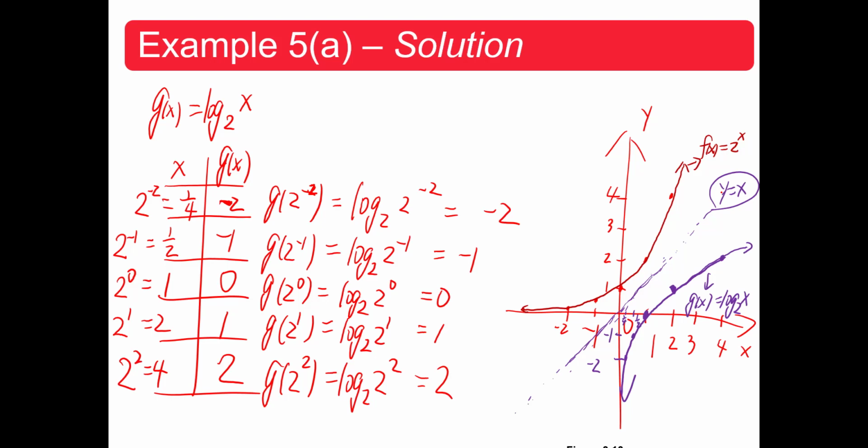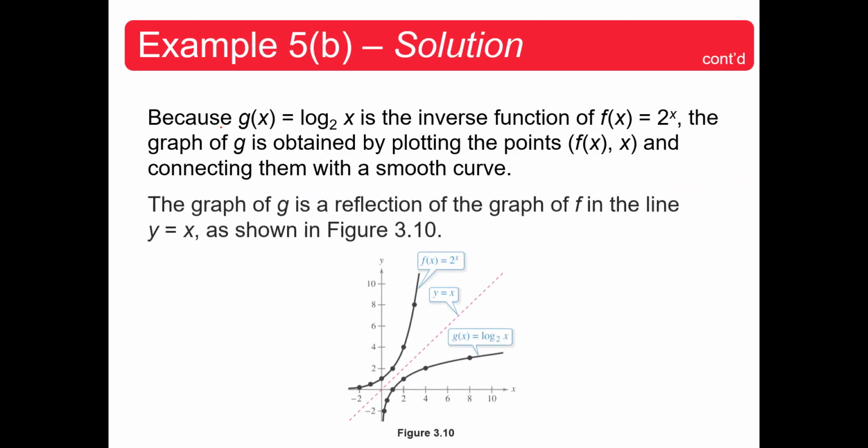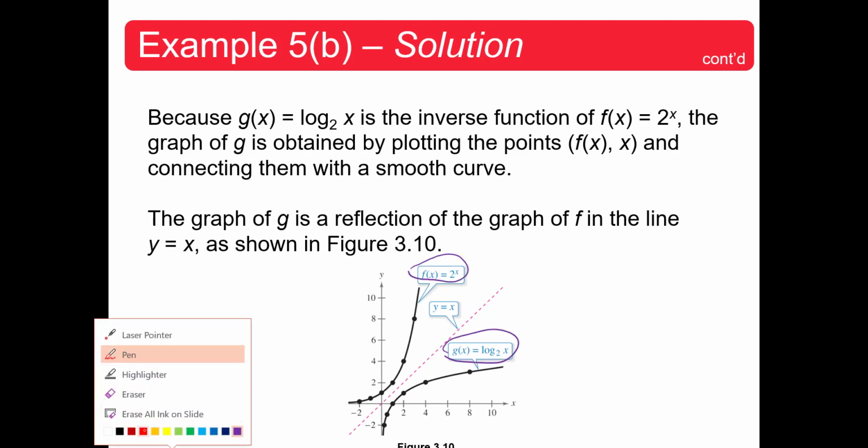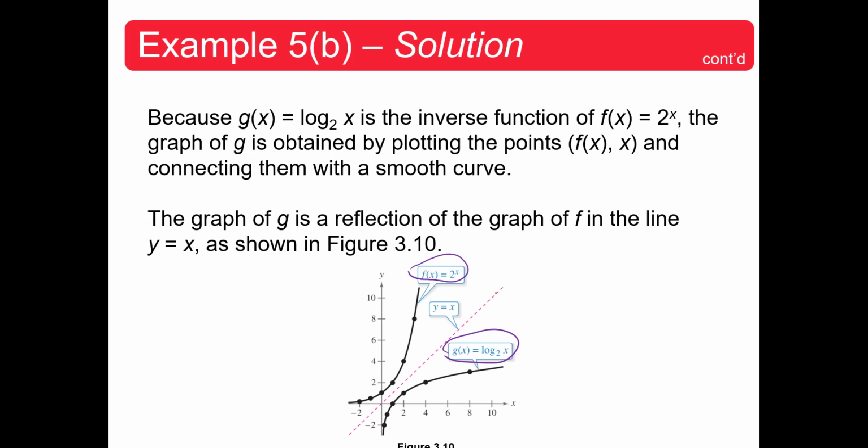That's how you sketch the graph step by step, always picking the numbers based on the base. This is just a summary: f of x equals 2 to the x, g of x equals log base 2 of x. They form a mirror image based on y equals x.